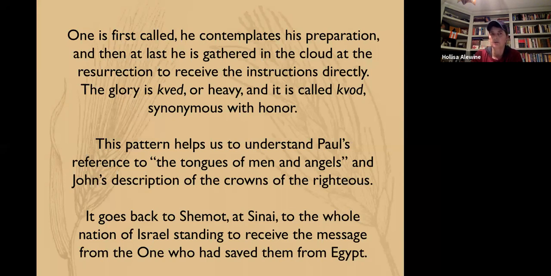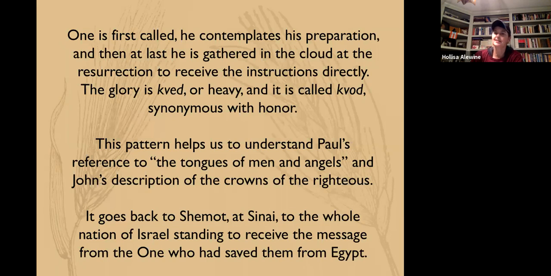So now what they have the potential to do, we know it didn't turn out this way, but the potential is there for them to receive the whole message directly from the one who would save them from Egypt. They were able to receive part of the message. They were able to experience part of step 2.